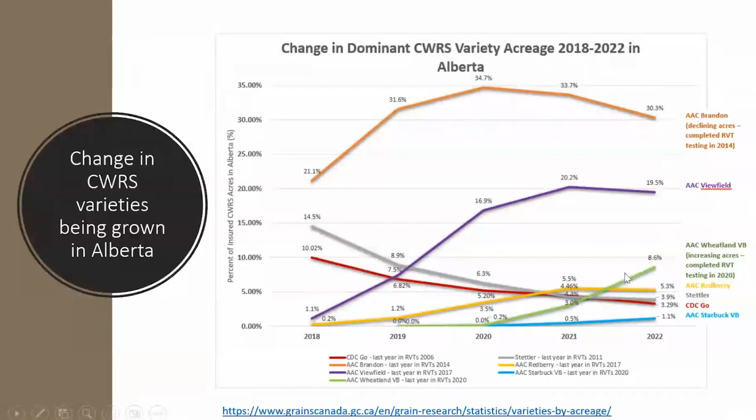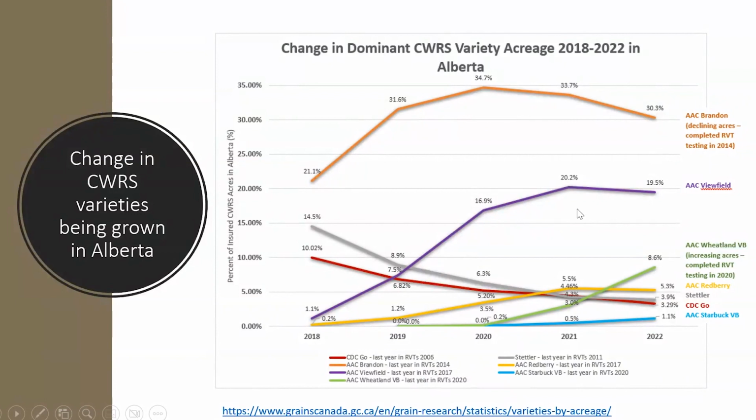But what's exciting here is when we look at the green line for Wheatland, and you can see this upward trend. It completed its RVT testing in 2020, and we start to get seed stock for farmers to grow in 2021 and 2022.